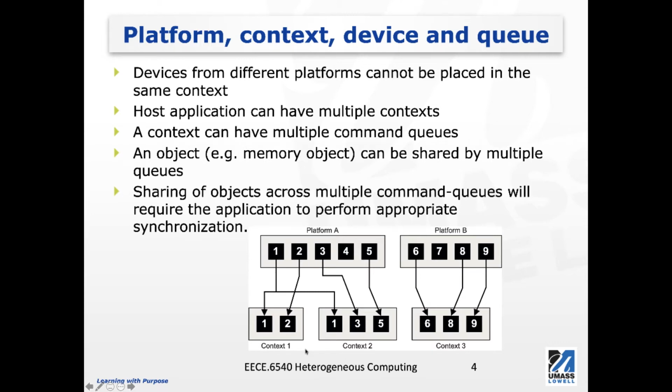In this application, you can in theory instantiate three contexts: context 1, context 2, context 3, and each of the contexts will use some resources on this OpenCL platform. You can use one or two devices from this platform A to build context 1. You can also use another part of the resources from platform A to build context 2.